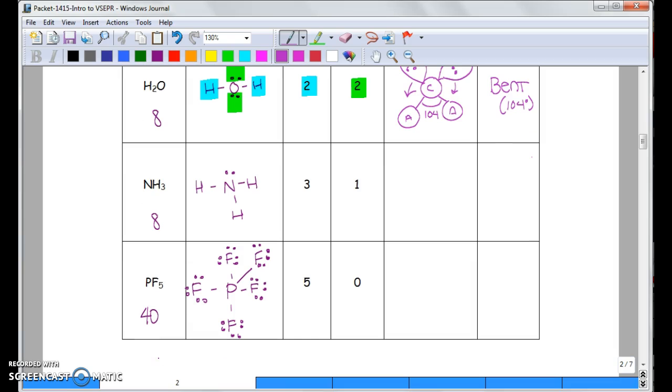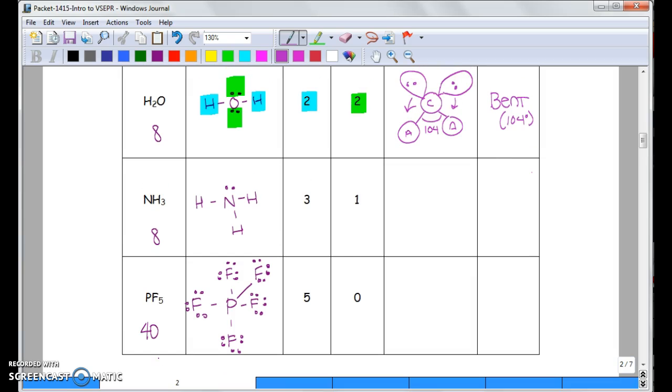We've got 2 more to go. We've got ammonia, which is NH3, and we have 1 lone pair at the top of the central atom, and we have 3 bonded atoms on our compound.